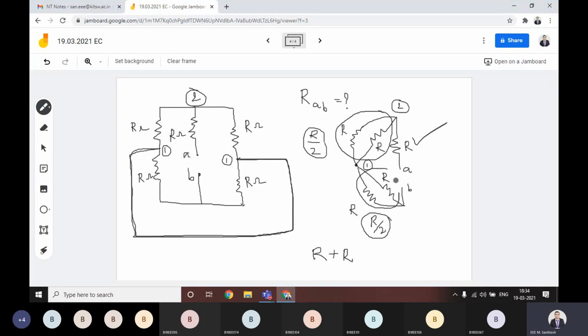This is another combination, you will get R by 2. R by 2 and R by 2, both in series, you will get R. Then that R is connected to this R ohm resistor, you will get RAB equal to 2R. I hope it is clear.